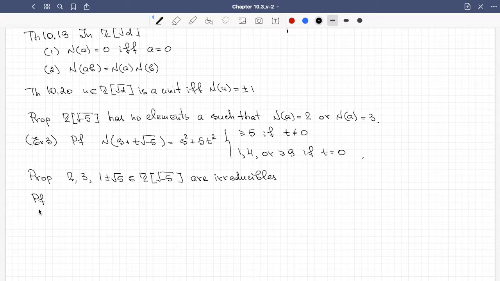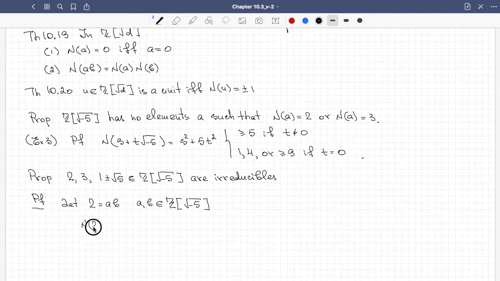Let us check that 2 is irreducible. So let 2 be a product of 2 elements of the ring, A and B. I will now use the multiplicativity of norm and take norms.